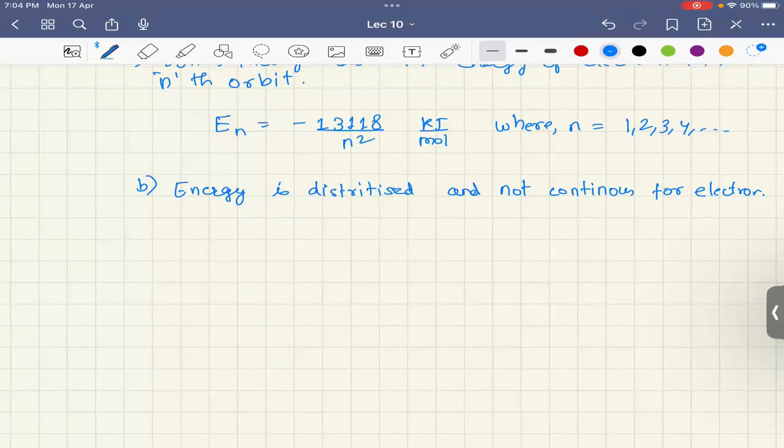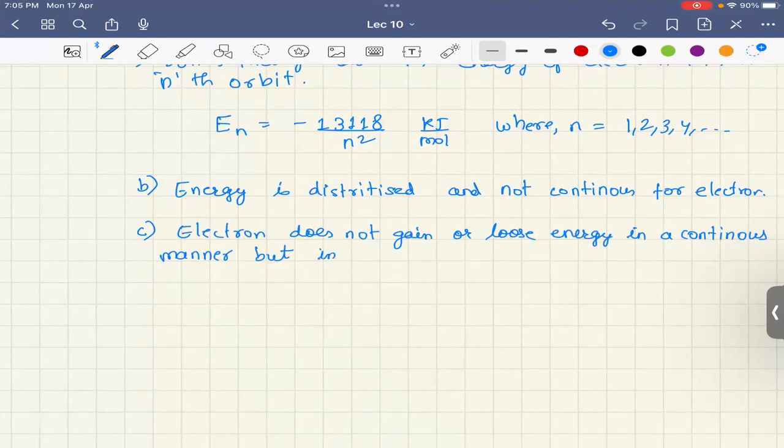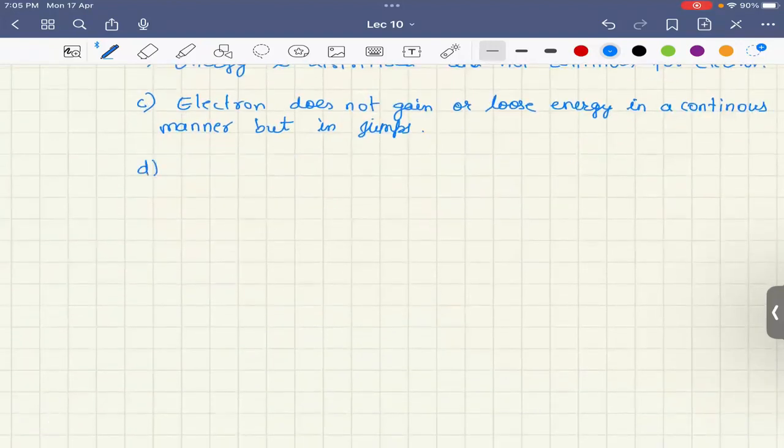This led to the concept of quantization of energy, which means that the radiant energy is emitted or absorbed in bursts rather than continuously. From the above facts, we can conclude that the energy of an electron is quantized. In other words, the electron does not gain or lose energy in a continuous manner, but in jumps. This is very important.